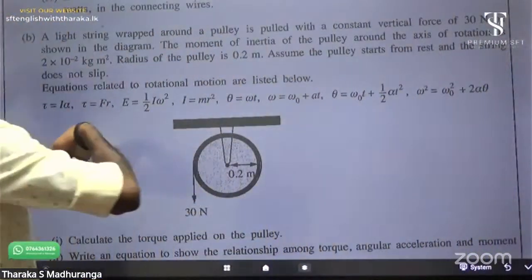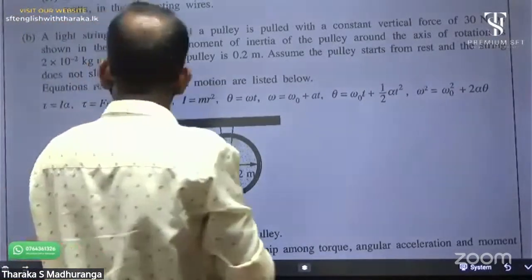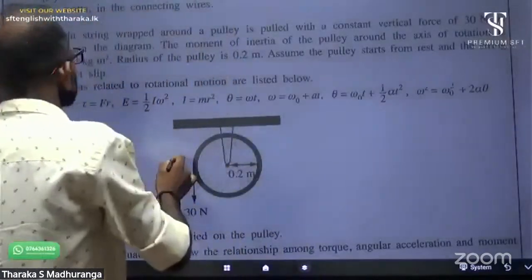A light string wrapped around a pulley is pulled with a constant vertical force of 30 Newton, as shown in the diagram.